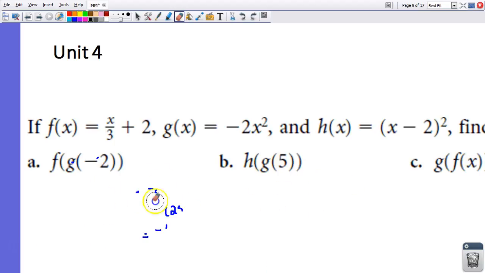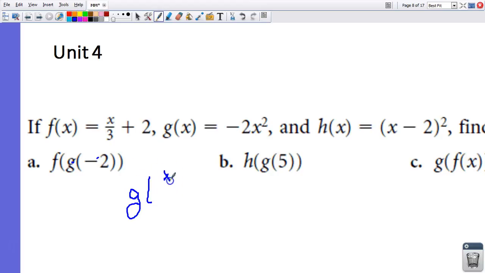And then last, g of f of x. Okay, so it's the same thing. It's just that we can't really simplify it as much down to one number. So f of x is x over 3 plus 2. What we're going to want to do is we want g of f of x.